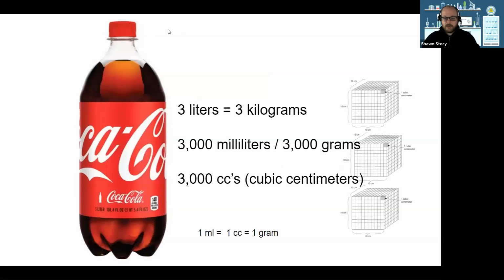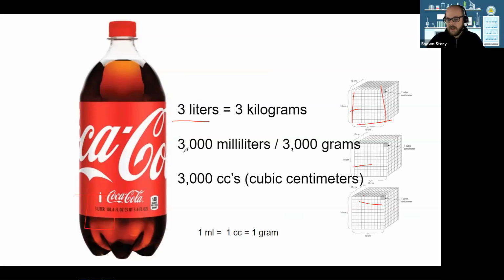So I bought this 3 liter of Coke, 3 liters, right? So it's 10 centimeters by 10 centimeters by 10 centimeters, and I have 3 of those. So it's 3 liters or 3,000 milliliters or 3,000 cc's. And if I weighed it, it's going to be a little less than 3 kilograms because Coca-Cola is carbonated.